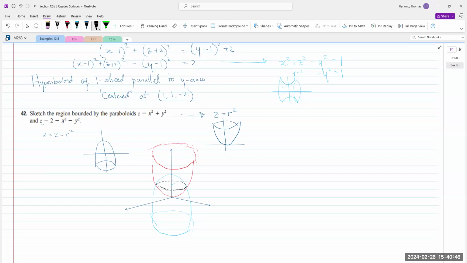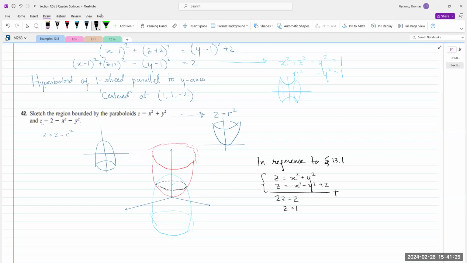In reference to what we have learned in section 13.1, we basically have the intersection of these two paraboloids, z equals x squared plus y squared, and z equals negative x squared, negative y squared plus 2, which if I add, I will get 2z equals 2, z equals 1.